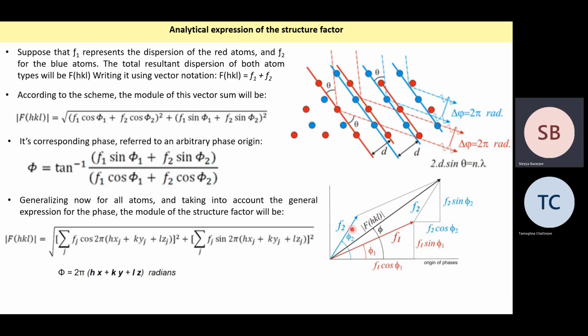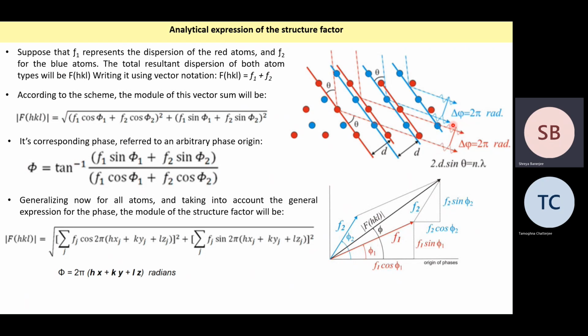The net angle, which is the angle of this net structure factor with the horizontal axis, is called phi. It is also defined by this formula: tan inverse of F1 sine phi 1 plus F2 sine phi 2, divided by F1 cos phi 1 plus F2 cos phi 2, where F1 and F2 are the individual amplitudes of the resulting waves in the red and blue crystals, and phi 1 and phi 2 are the individual phases of the red and blue waves from the crystal.